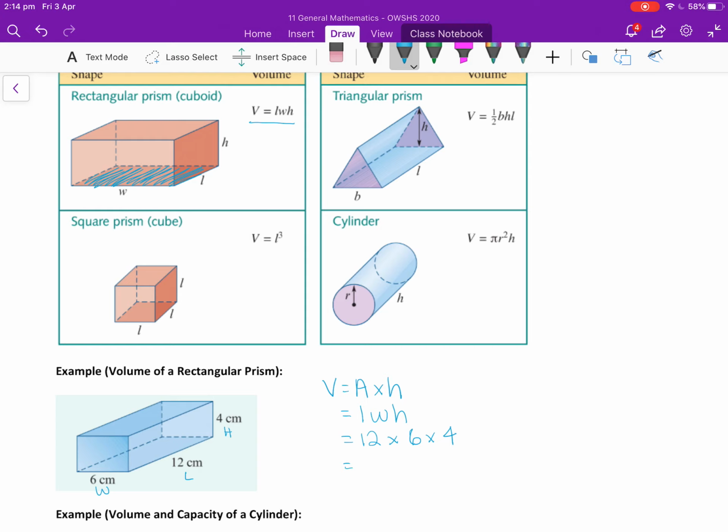We can either put that into a calculator or you can try and use your brain. So 12 times 6 is going to give us 72. 72 times 4 is going to give us, my brain isn't working, I'll put that in the calculator. So 72 times 4 is 288 centimetres cubed.